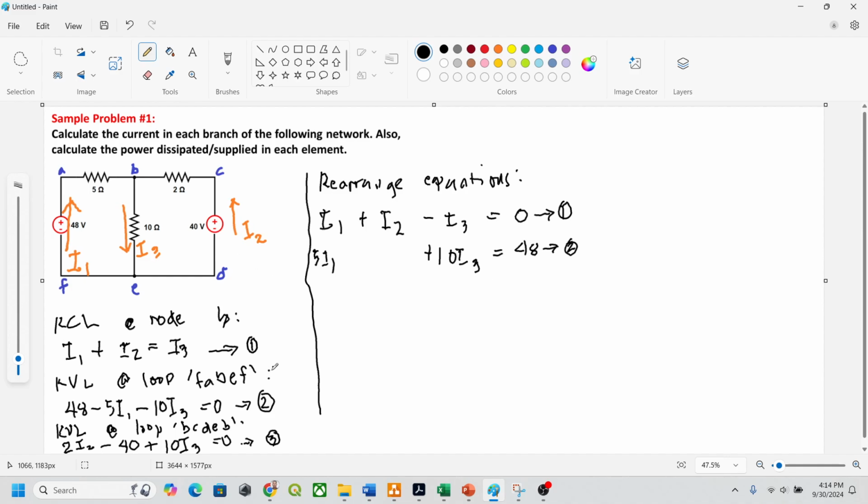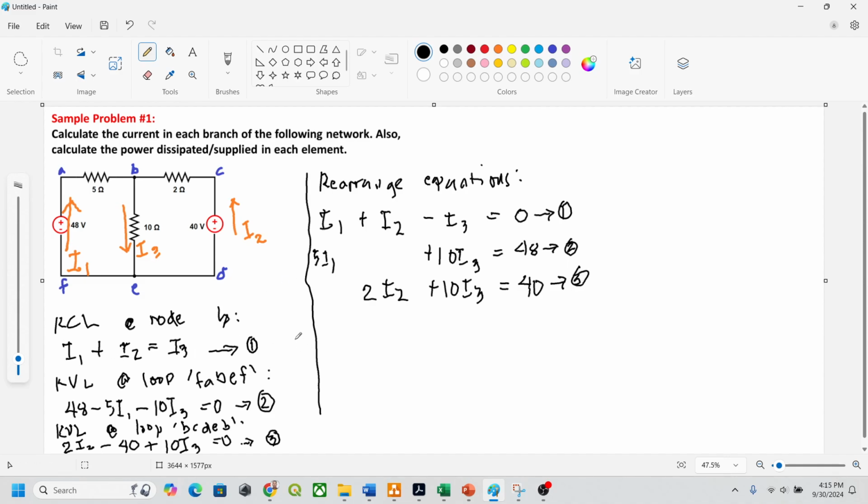And for equation number 3, of course, the constant 40 can be transferred to the opposite side of the equation. So that we will have 2I2, right? Plus 10I3 is equal to 40. Alright. This will be our equation number 3.